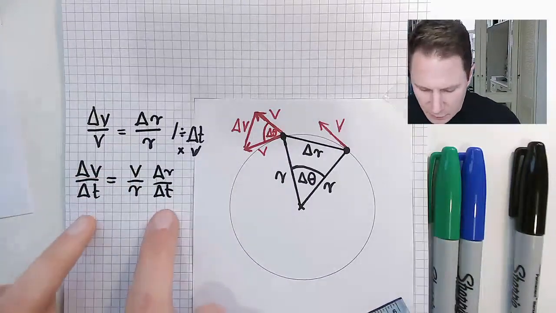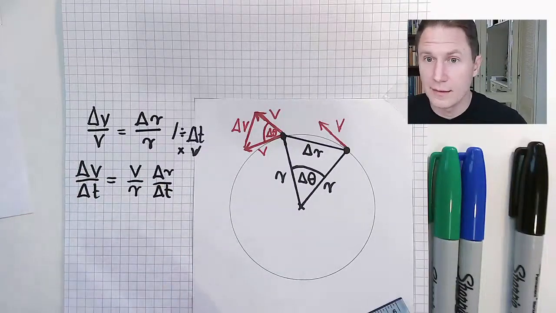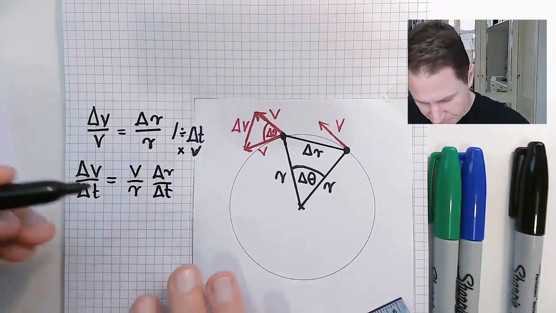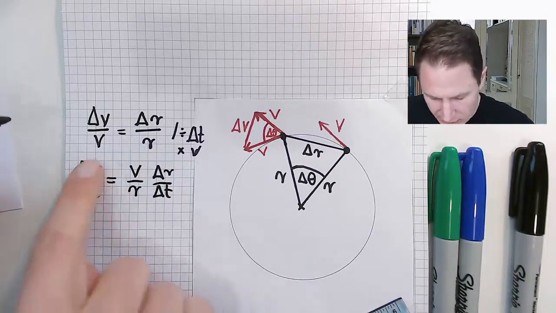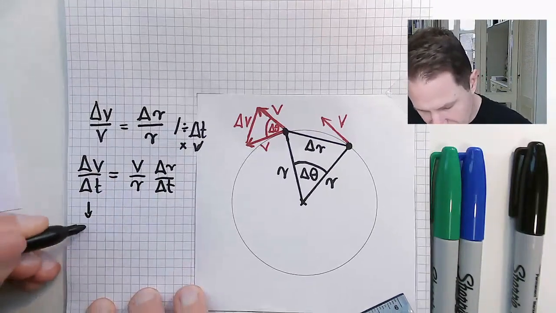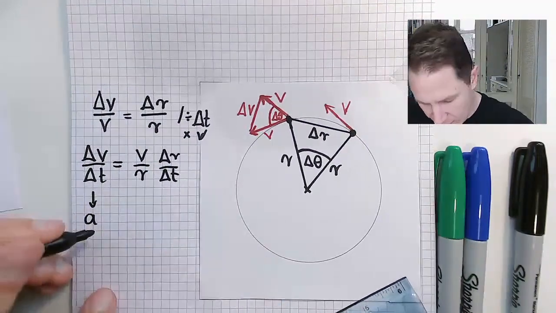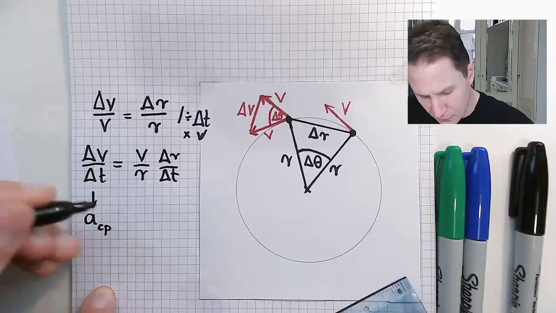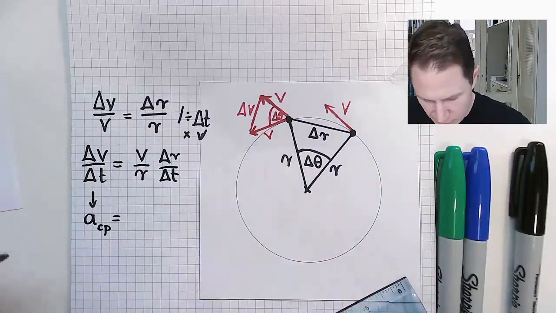So if this time interval gets shorter and shorter, this relation stays valid, and when delta t goes to 0, what we are getting on the left hand side is actually the acceleration, the centripetal acceleration of this body moving.